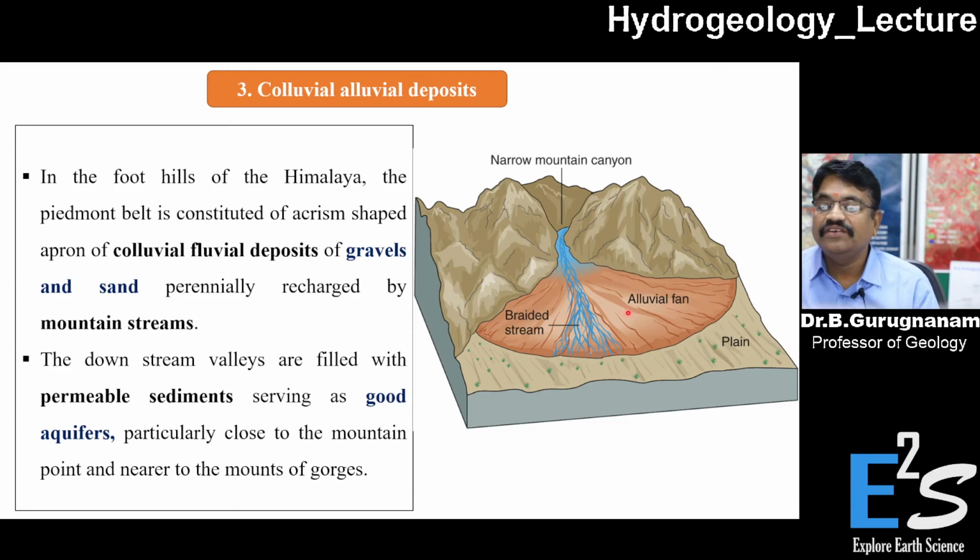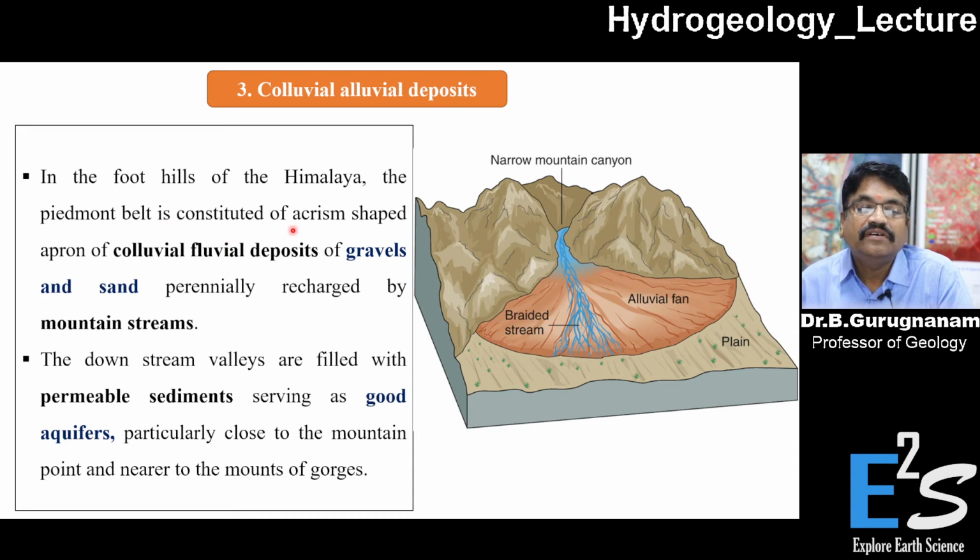It is a good aquifer, a good water-bearing formation. In the foothills of the Himalaya or any foothill, the pediment belt is constituted of a prism- or triangle-shaped apron of colluvial and fluvial deposits of gravel and sand, perennially and continuously recharged by mountain streams.